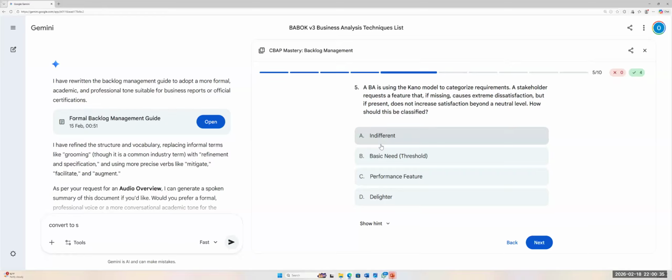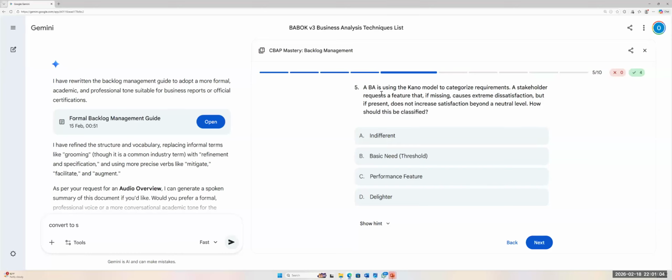Something basic, or a feature that improves performance. This is where the feature you deploy must be a delighter. Everybody is wowed. All right. I'm seeing C, C, C, C, C.